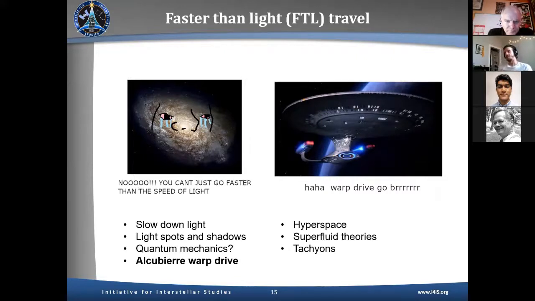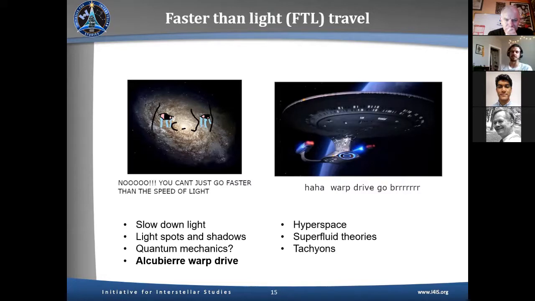But we have also heard of probably a million concepts that propose exactly that. How can we manipulate the physics that we know to still do it, to go around this limit of the speed of light? There are a couple of different concepts that I've listed here, like we could slow down the light and then just go back and try to fly at the original light limit.